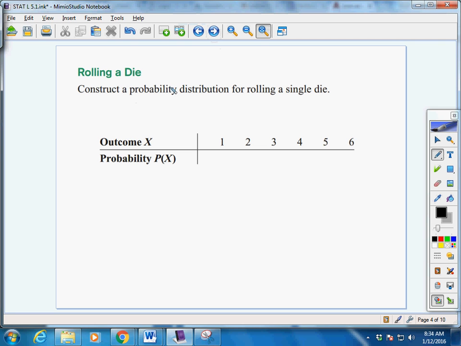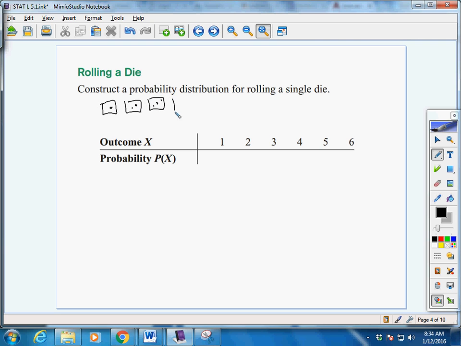So, our example here: construct a probability distribution for rolling a single die. Our outcomes are 1, 2, 3, 4, 5, and 6. If you roll a die, you get a 1, a 2, a 3, a 4, a 5, or a 6 up.